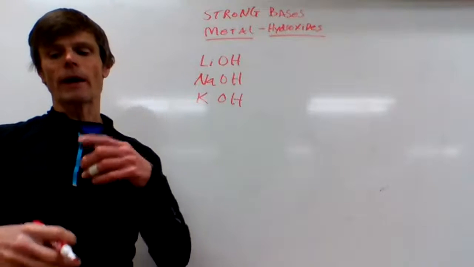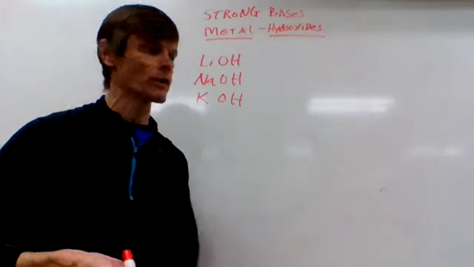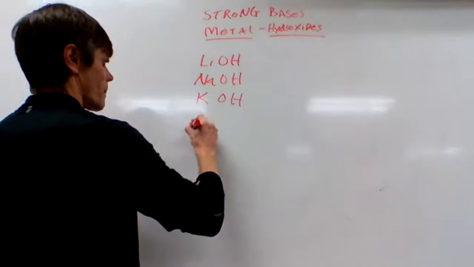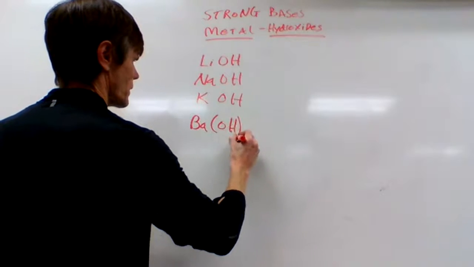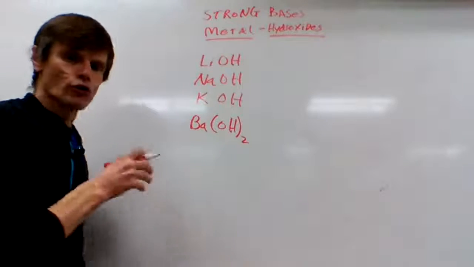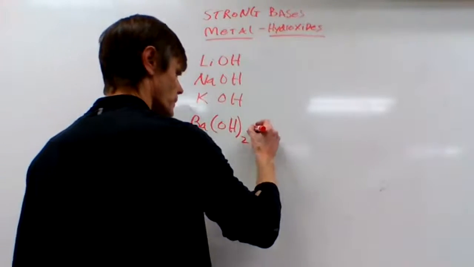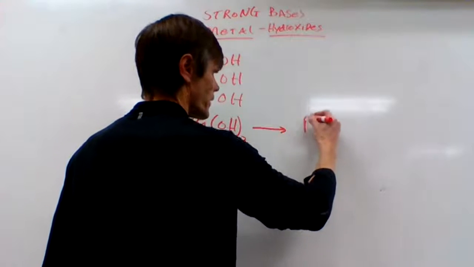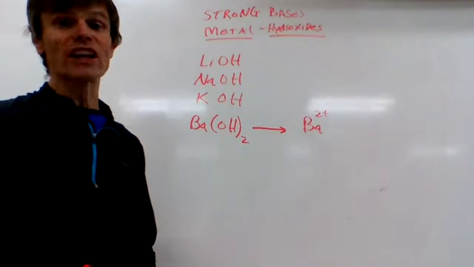There's only one alkaline earth metal hydroxide that I am going to be working with, and I want you to know. And that's barium hydroxide. Notice for every barium ion, there are 2 OH groups. That's because if we break this up, barium, as you recall, is a group 2 alkaline earth metal.